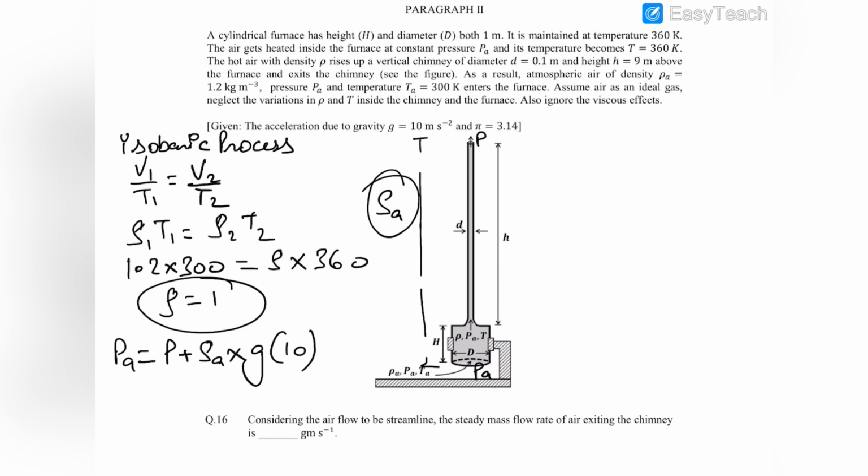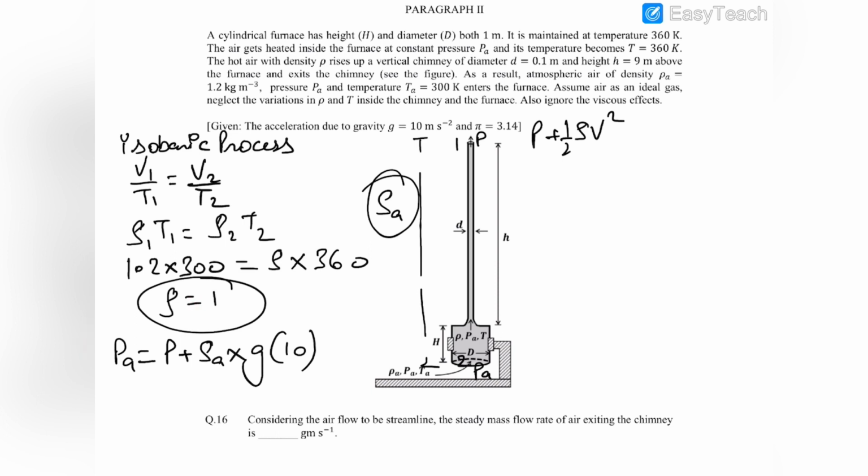Now let us apply the Bernoulli theorem between 1 and this point 2. So P1, the pressure at 1, is P plus half rho V square. Now you should be careful while writing the density. You should know that the air which is leaving out the chimney has a density, expanded density, which is rho, which is 1.